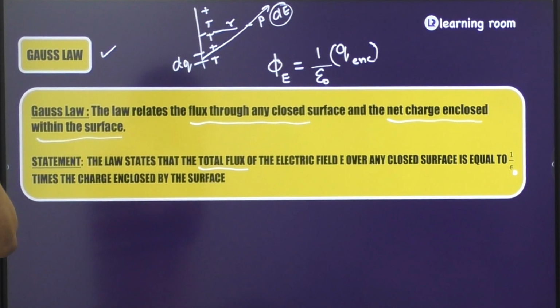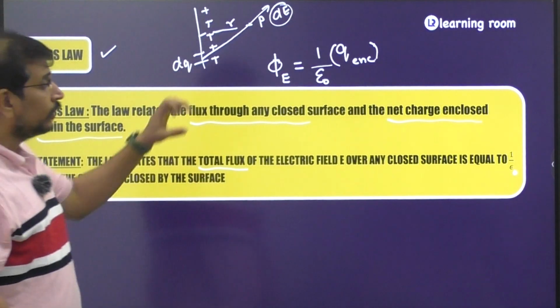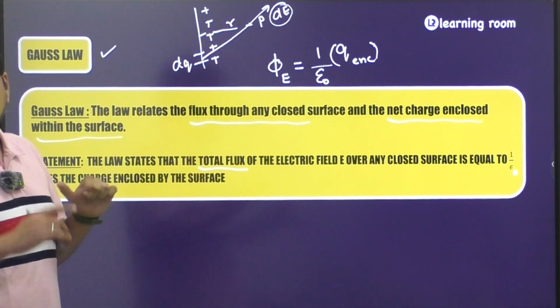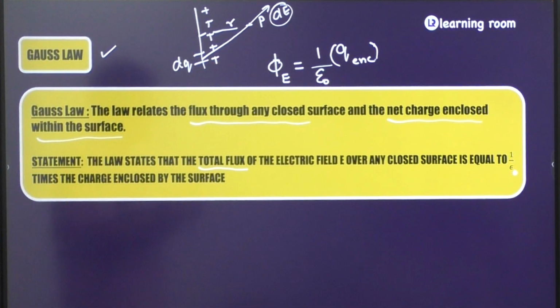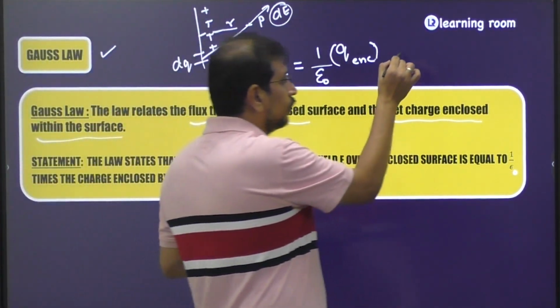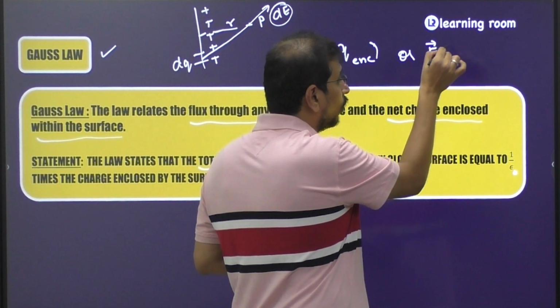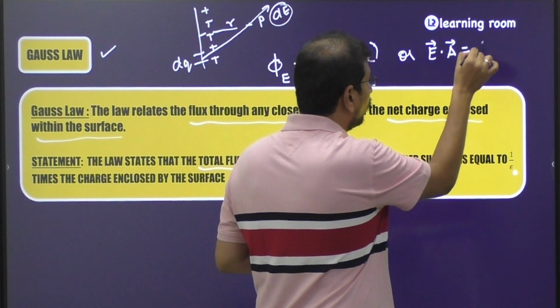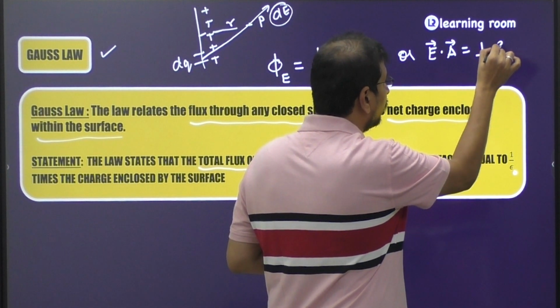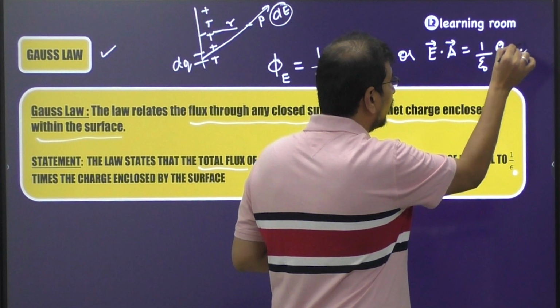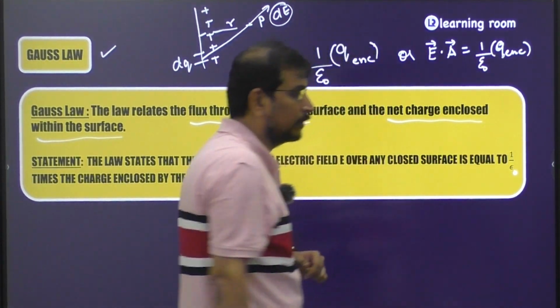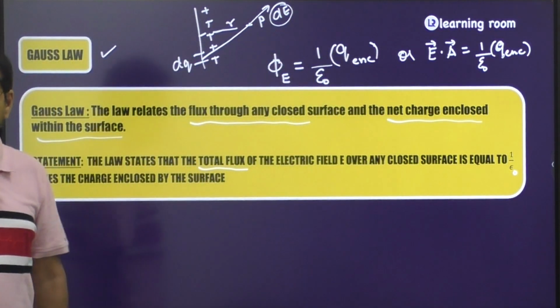This is one point. Or you can write the flux in terms of electric field and area vector: E vector dot A vector is equal to 1 by epsilon naught times the charge enclosed by the Gaussian surface. That is one thing.